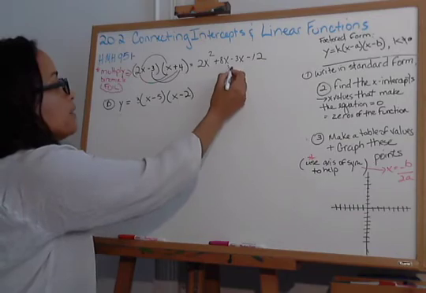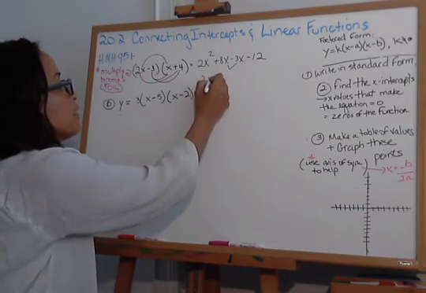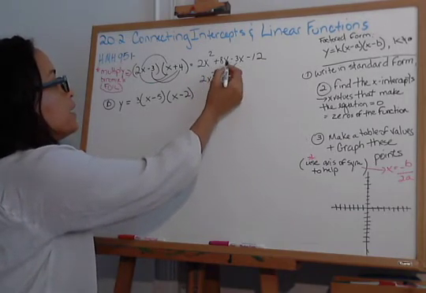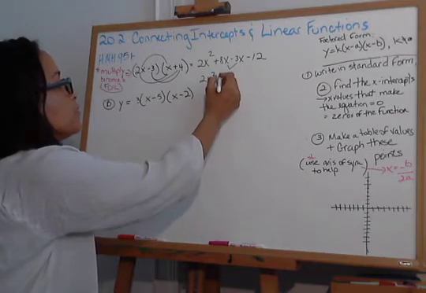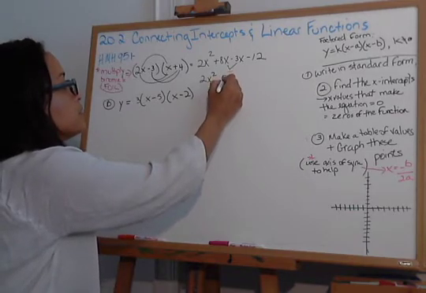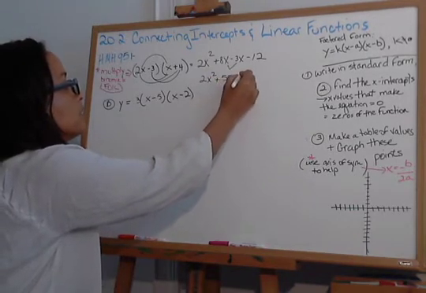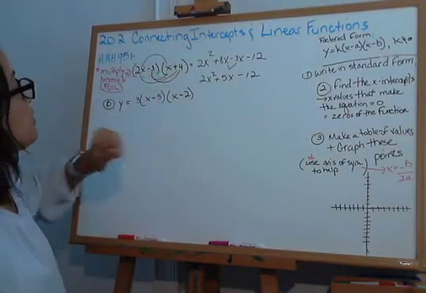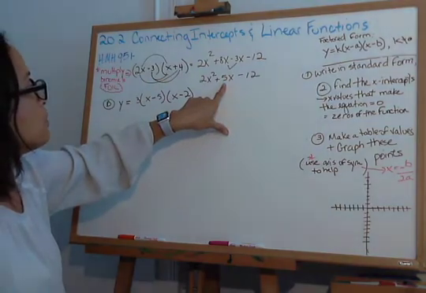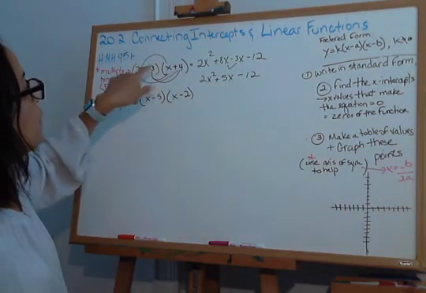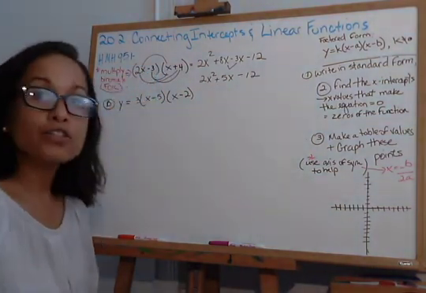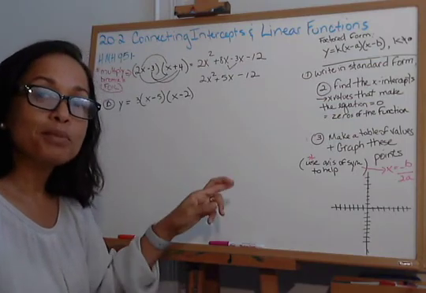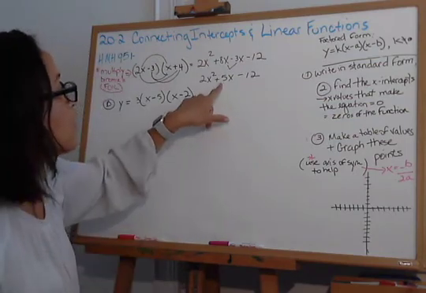Here I'm going to combine these two like terms, and I'm left with 2x squared, 8 minus 3 is going to give me 5x, minus 12. These two things multiplied together gives me this polynomial. These two things then are the factors, which are the two things you multiply together to give me this product.